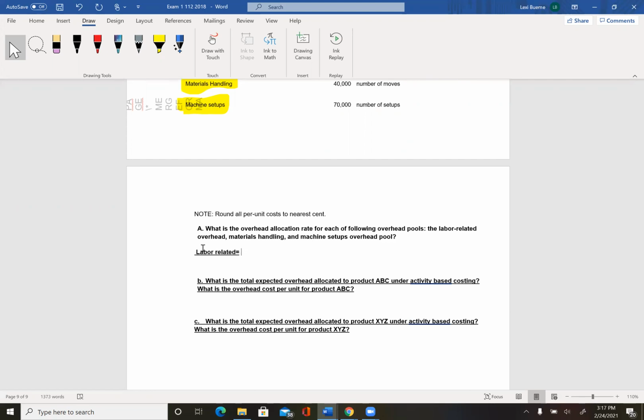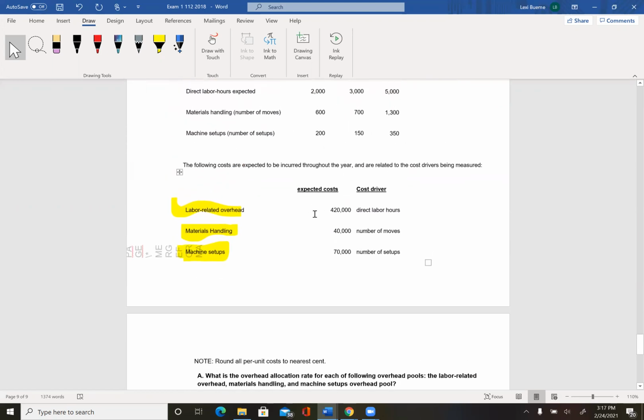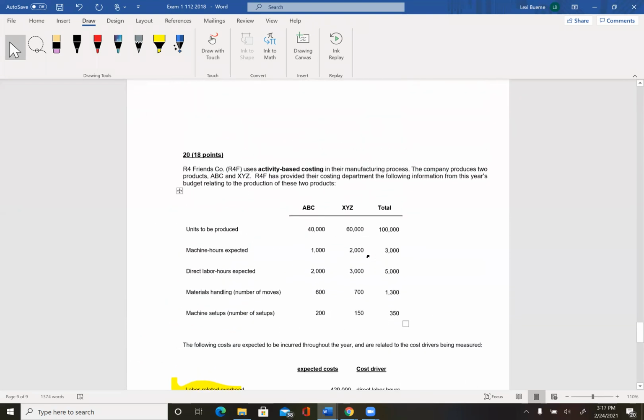And we're going to take the 420,000. The 420,000 comes from right here, the 420. And then you're going to divide that by the direct labor hours, which for the total is going to be right here.